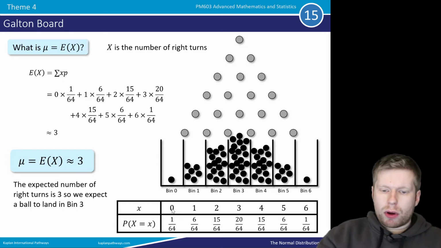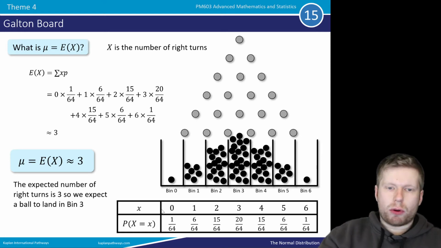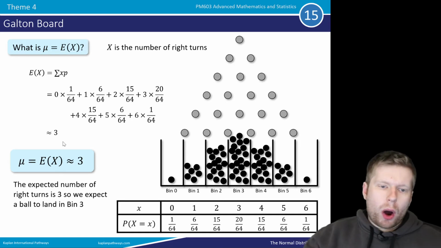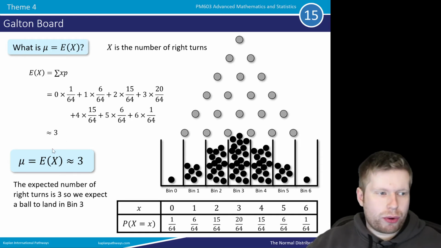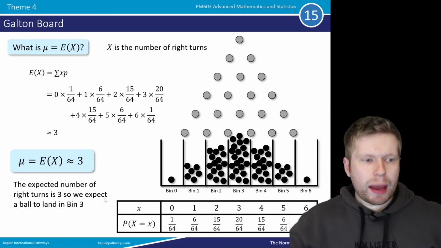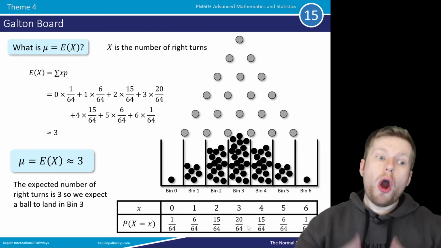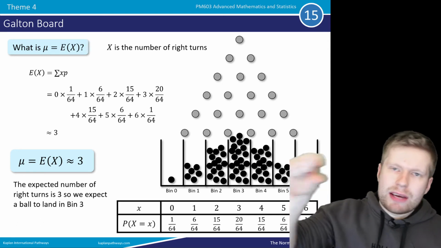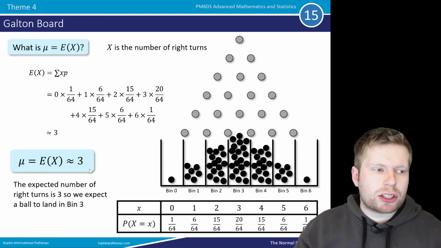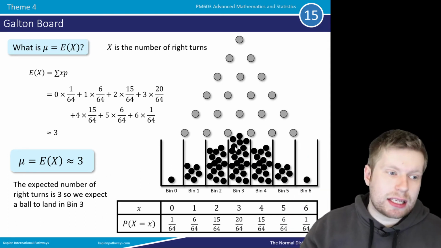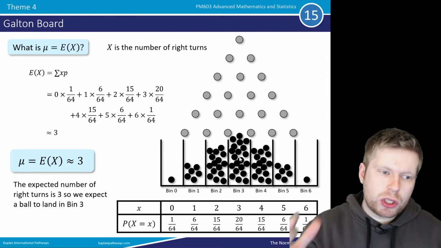So I take the outcome, which is 0, 1, 2, 3, 4, 5, or 6, and multiply it by its associated probability, add it all together, and lo and behold, it comes out as 3, or about 3 anyway. So if you calculate the expectation of this probability distribution, which corresponds to the probability of ending up in each bin, you should expect to end up in bin 3. And that makes sense, because that's got the most balls in and the most paths to get to that position.